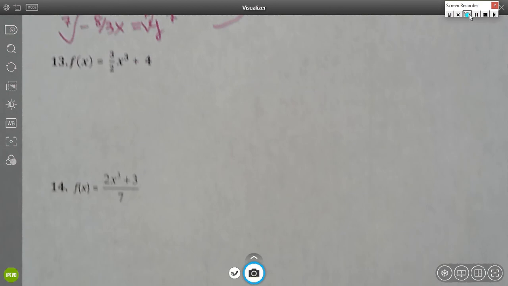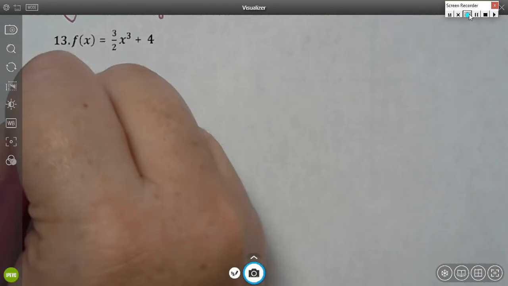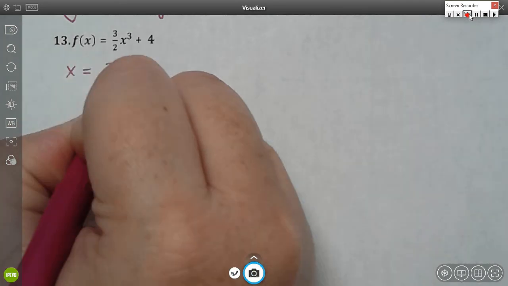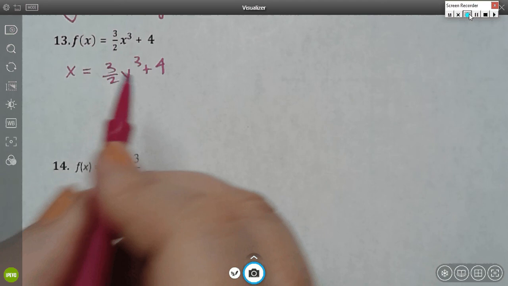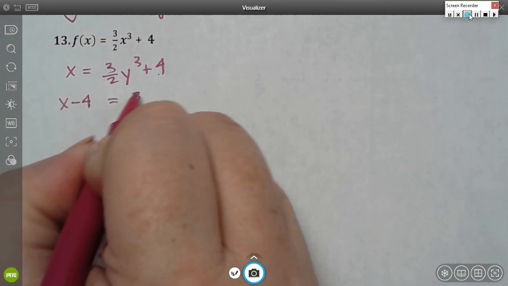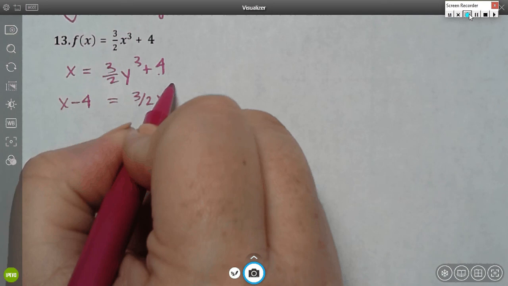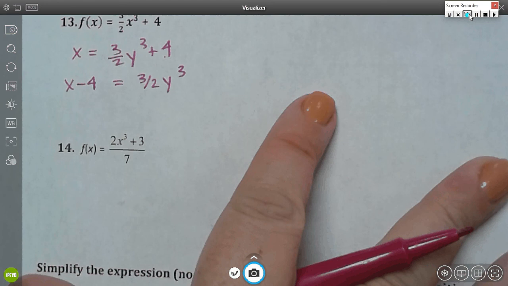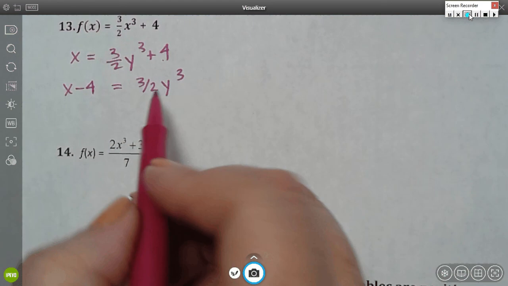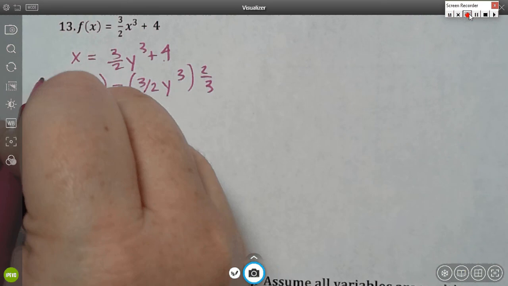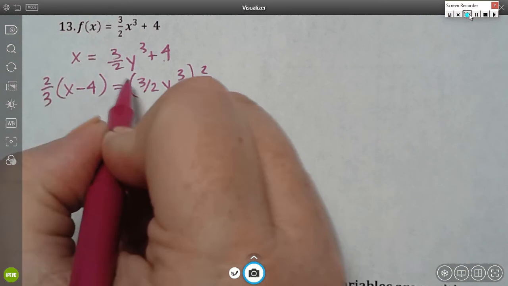Okay? Number 13, again, switch that x and y. And we are going SADMAP here. Okay? First thing I want to do is subtract the 4 from both sides. Order is the most important part here because you got to remember that you're going in the reverse order in which we solve. So next I do the multiplication, so I'll multiply by 2/3 to cancel out that fraction.